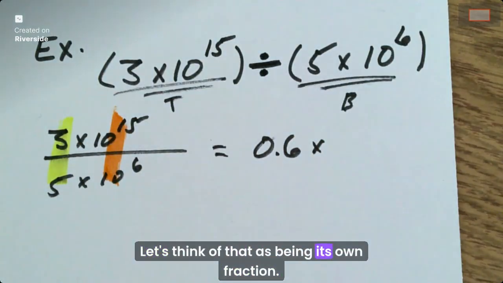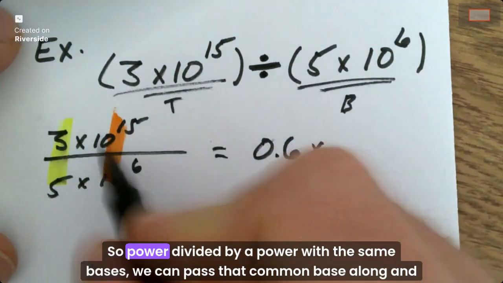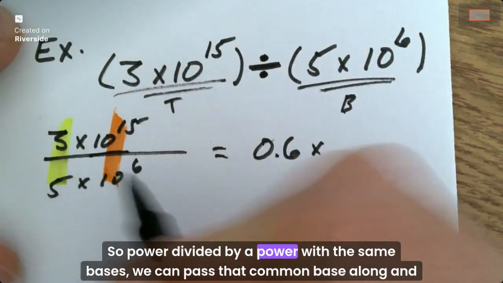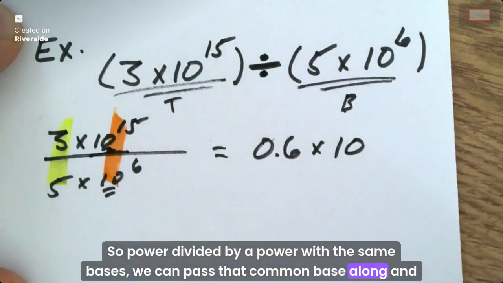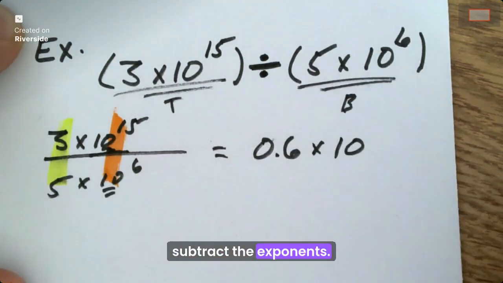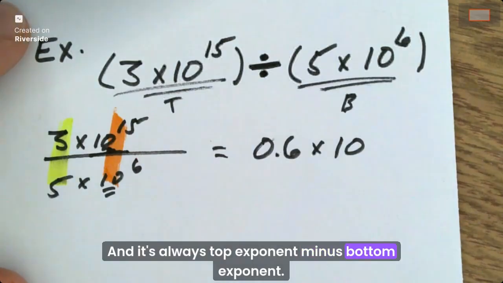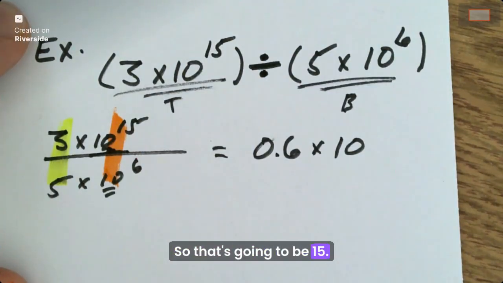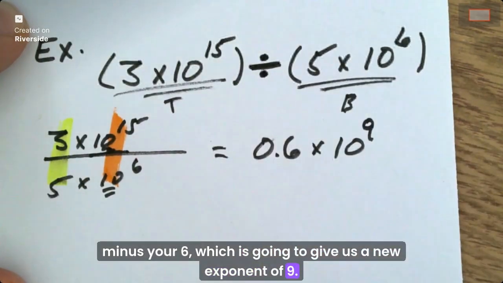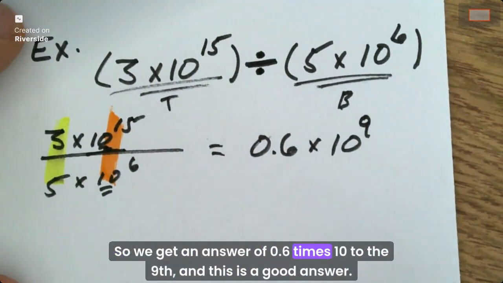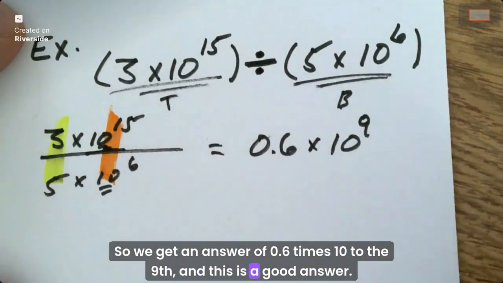Let's think of that as being its own fraction. A power divided by a power with the same bases, we can pass that common base along and subtract the exponents. And it's always top exponent minus bottom exponent. So that's going to be 15 minus 6, which gives us a new exponent of 9. So we get an answer of 0.6 times 10 to the 9th, and this is a good answer.